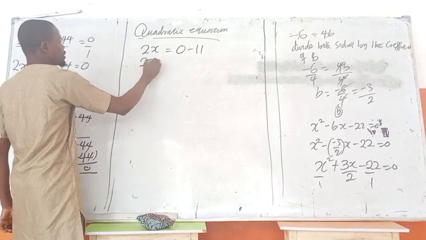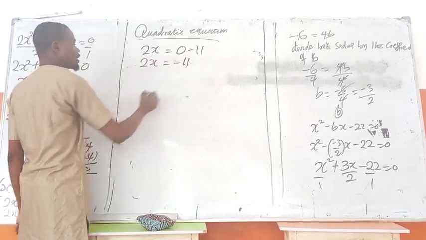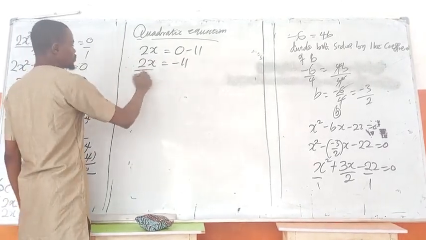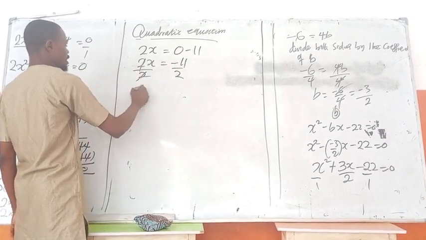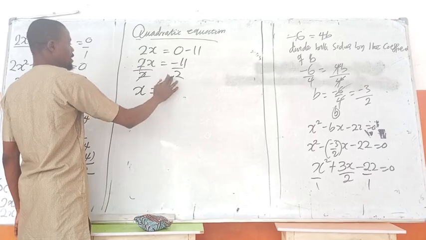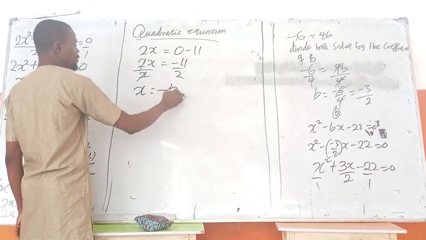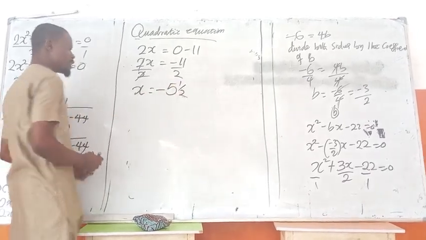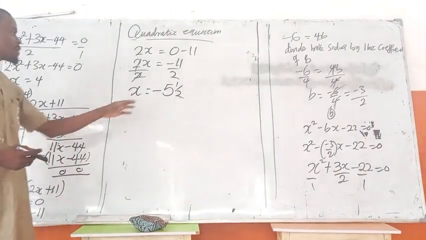Taking this 11 to the other side, we have minus 11. So 2s is equal to minus 11. Divide both sides by 2. This cancels this. s is equal to minus 11 over 2; 2 goes into 11 five times, remainder 1, which means the other root is minus 5 and 1 over 2.